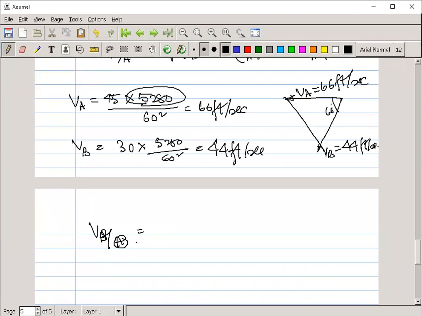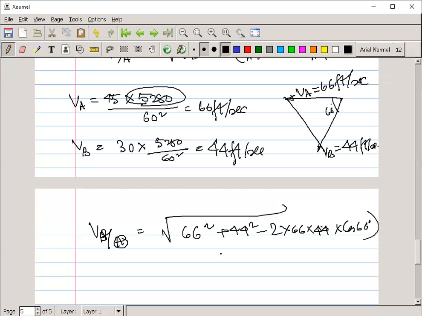So VB by A is nothing but the root over of 66 square plus 44 square minus 2 into 66 into 44 into cos of 60 degree. So how much is this one?